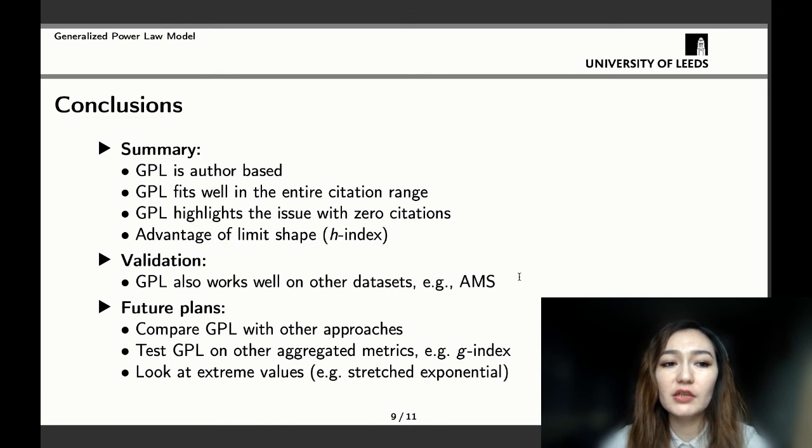Also, we can find a limit shape of the GPL model, which is convenient to estimate the H-index. In addition, we have tested our model on other datasets, for example, the citations of members of the American Mathematical Society. The GPL model also worked very well.